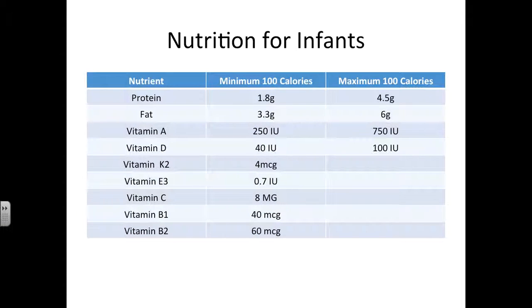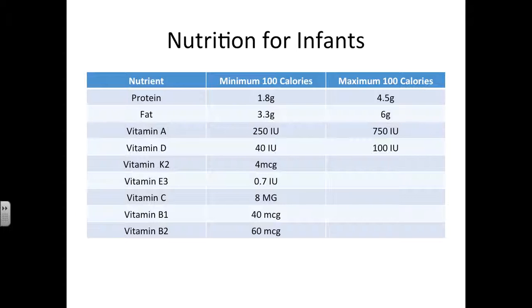So we are now into nutrition for infants, and that is the application. As parents, when we are either breastfeeding or feeding our children formula, I have a breakdown of the different vitamins, protein that our babies need per 100 calories and the maximum per 100 calories to have good nutrition levels.